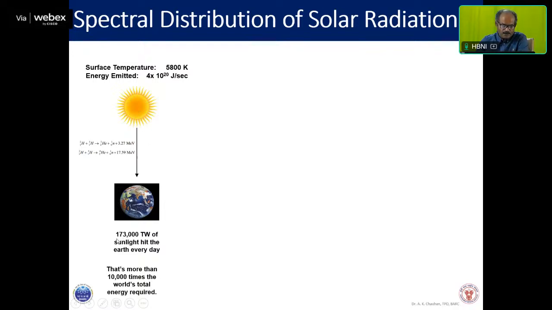And still the earth receives about 173,000 terawatts of sunlight. That is the total energy received on the earth from the sun, and this energy is more than 10,000 times the world's total energy requirement.